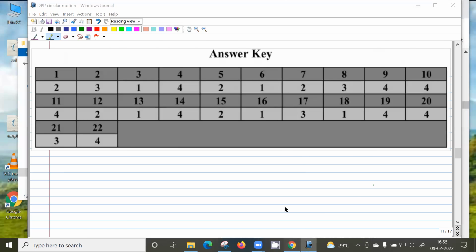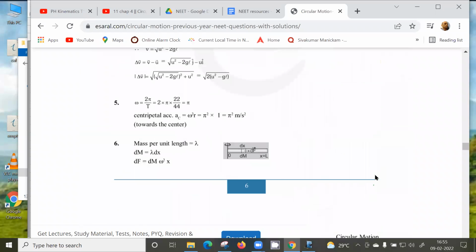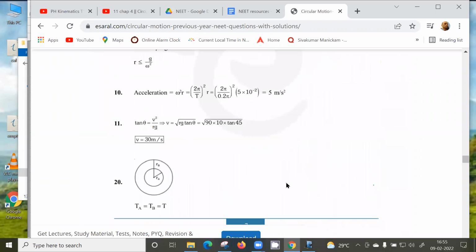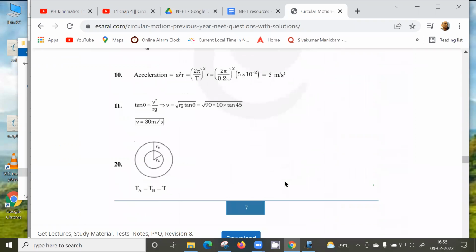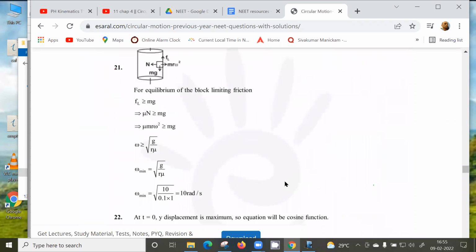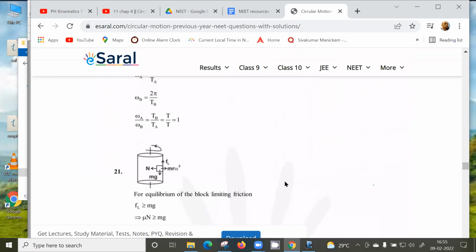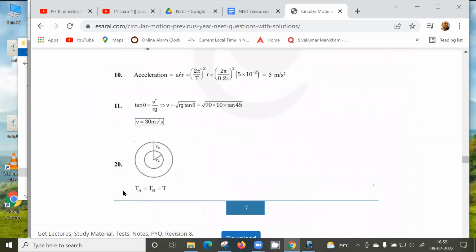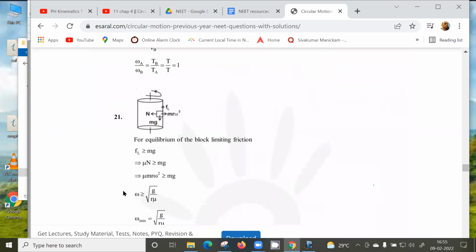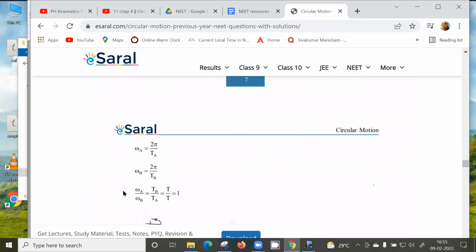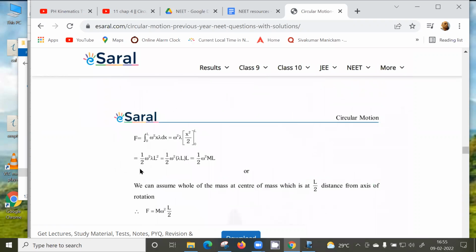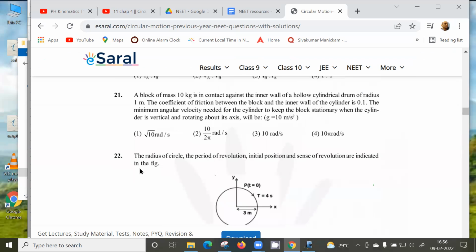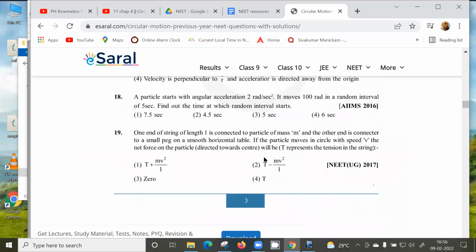I think I made a mistake here. I'm not given the solution. 10, 11 is there, and then 20. Nineteen is missing. Okay, well, let's leave it. According to me, the answer is this one, 2.